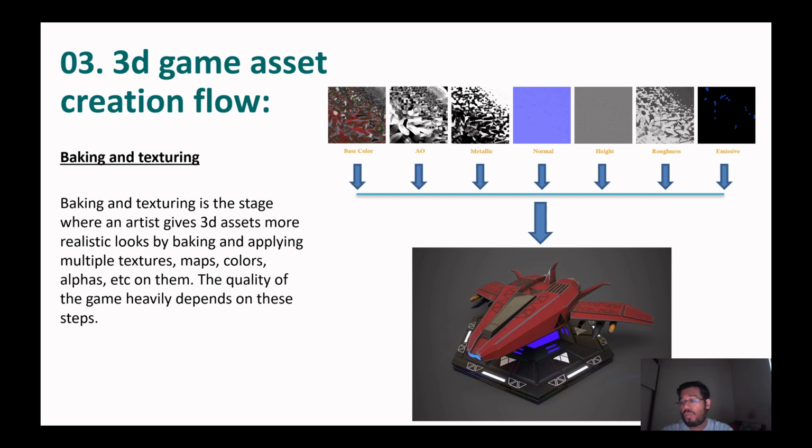So these seven maps do their particular parts, and you have to have a combination of these maps to get the final result of your asset. So that is the texture baking part.